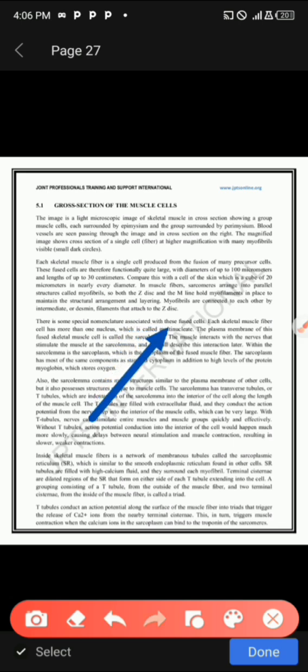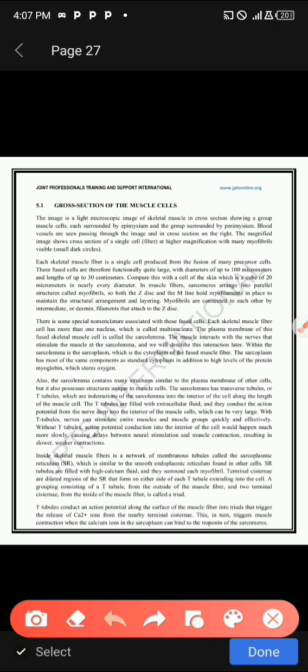The plasma membrane in this fused skeletal muscle cell is called the sarcolemma, because it has its compartments, its walls and functions different from one another.